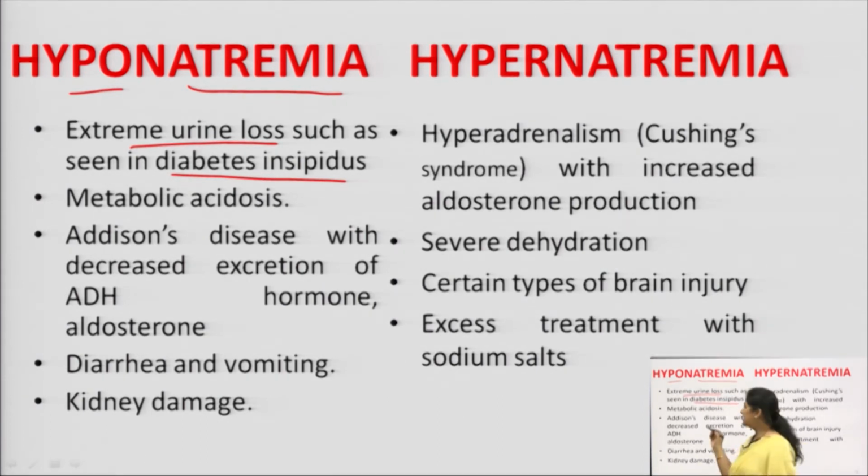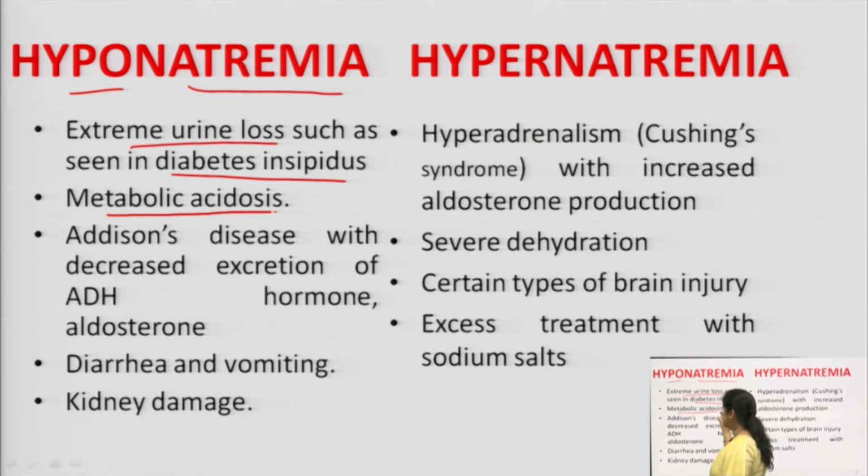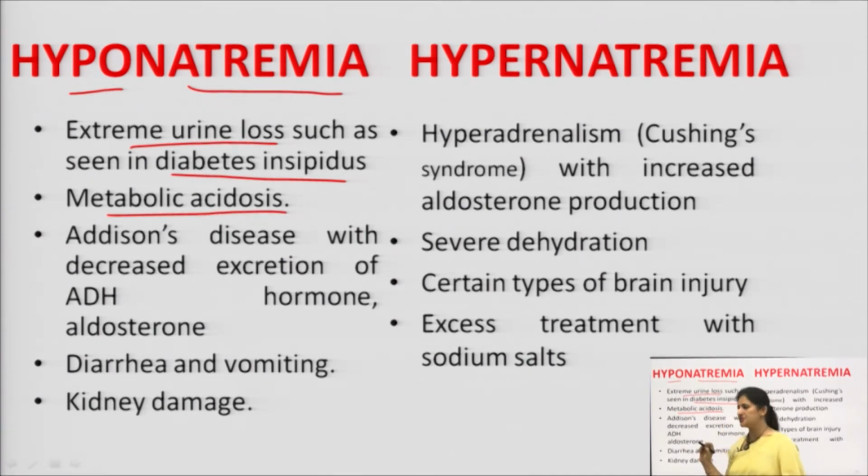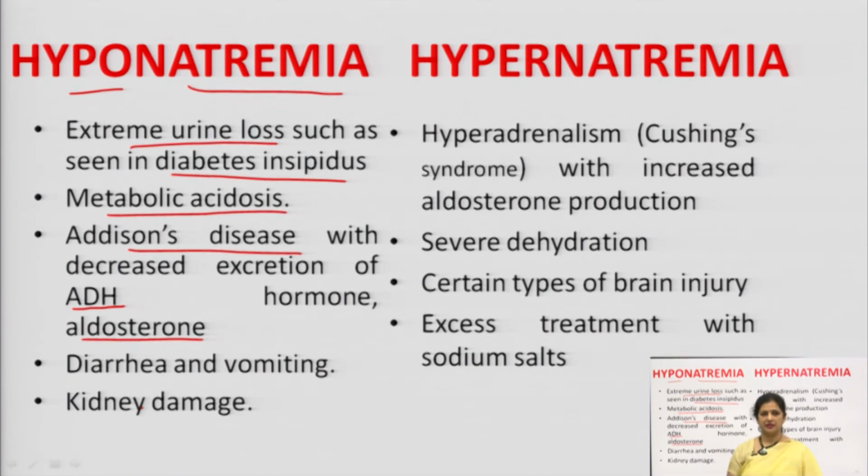Then another condition is metabolic acidosis. Another condition is Addison's disease with decreased secretion of aldosterone. Diarrhea and vomiting, as well as kidney damage, are also conditions which lead to the hyponatremia. Hypernatremia is when the sodium ion concentration is at the higher side.